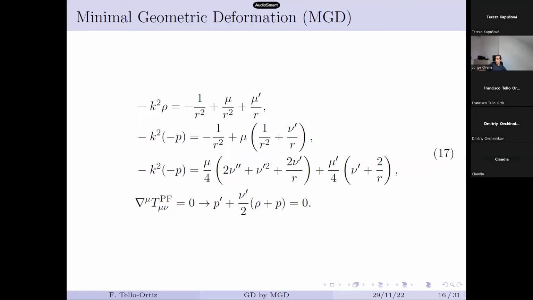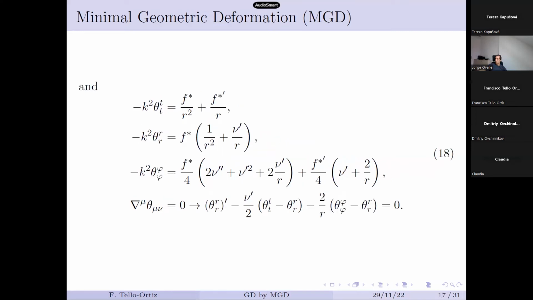And obviously, these functions satisfy the set of equations 17 and also the conservation equation. Our task is to solve the system 18, and then we need to couple this system to the seed spacetime or seed solution to find out more complex and realistic models.